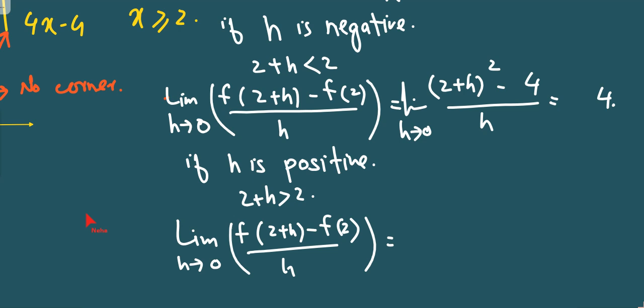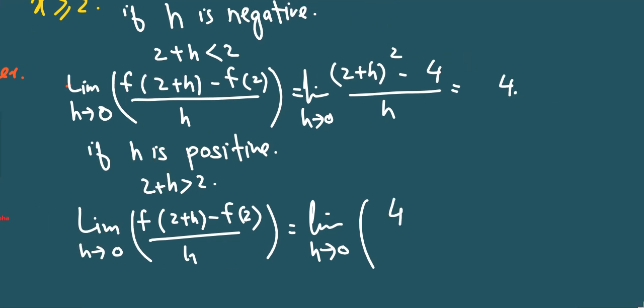It is defined by 4x minus 4, so it will be 4 into 2 plus h minus 4, and f of 2 is also 4, right?